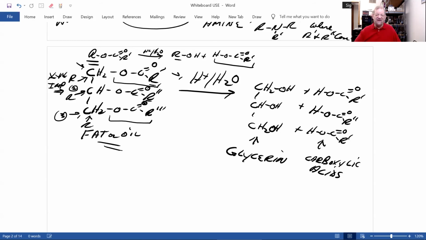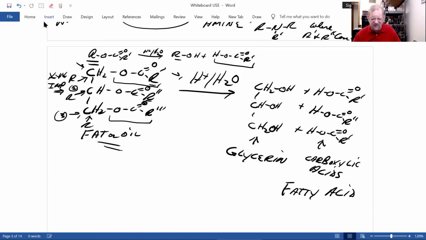Now, it turns out organic chemists are lazy if you haven't figured that one out. Instead of calling these carboxylic acids from fats and oils, oh, that's too much to say, I'm going to just call them fatty acids.